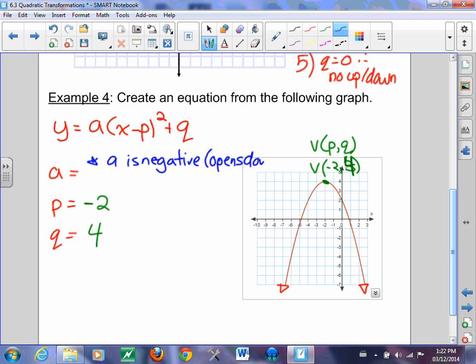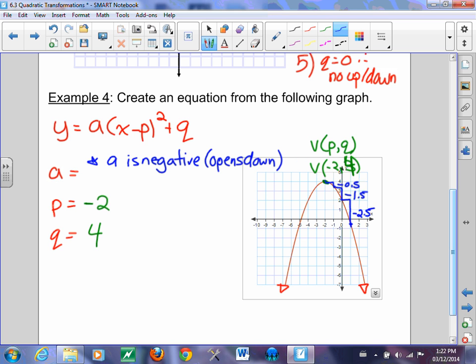And then we're going to use the step pattern, folks, from our graph. So as I start at my vertex, I go over 1, I go down 1/2, so that's -0.5. Okay? As I go over 1, I go down 1.5. Okay? As I go over 1, I go down 2.5. And so that's our step pattern.